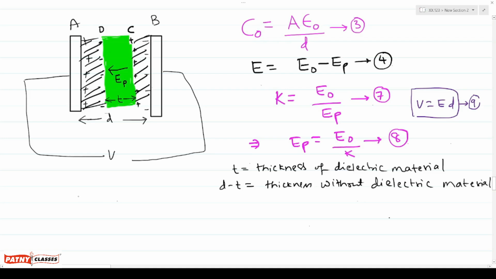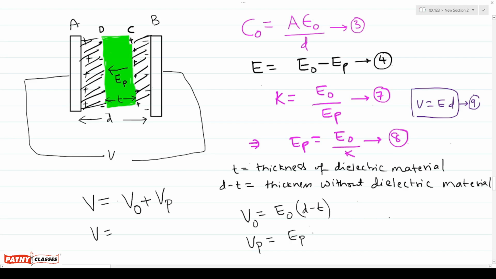Therefore, the new potential difference between the plates is V equals V naught plus Vp, where V naught equals E naught multiplied by D minus T and Vp equals Ep multiplied by T. Therefore, V equals E naught into D minus T plus Ep into T.